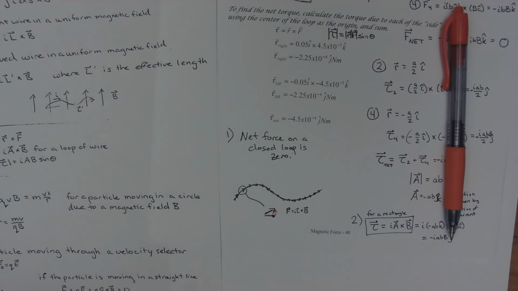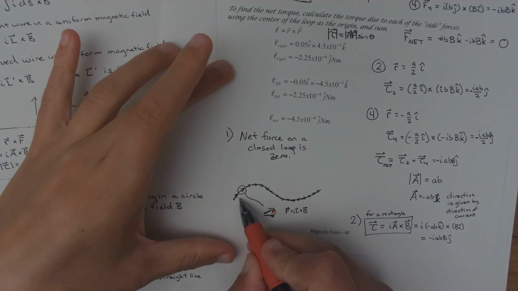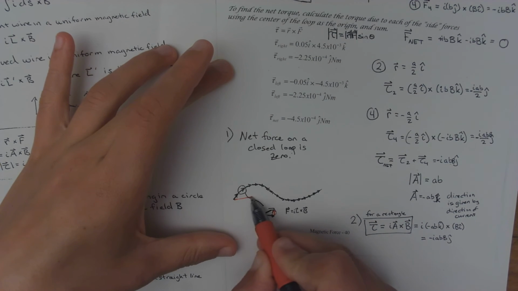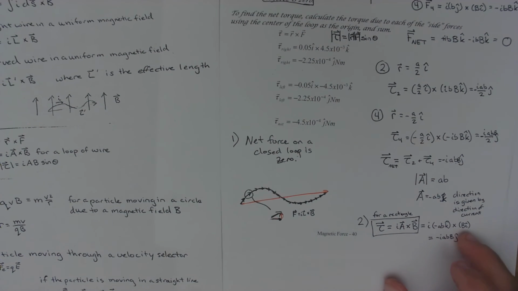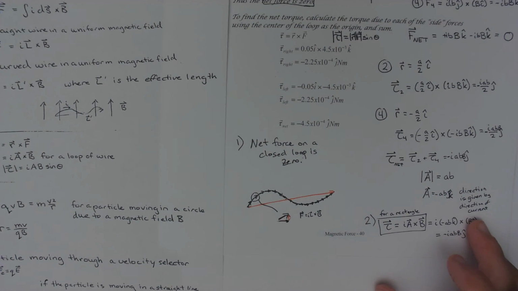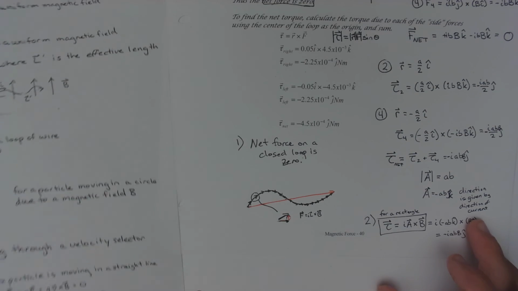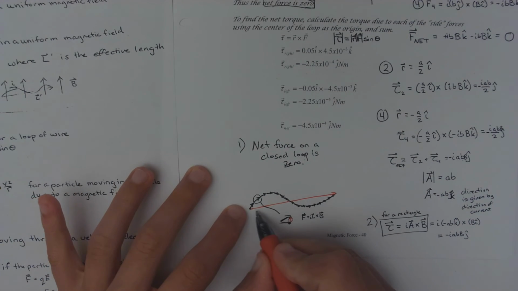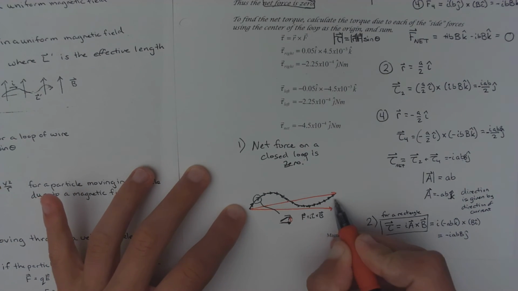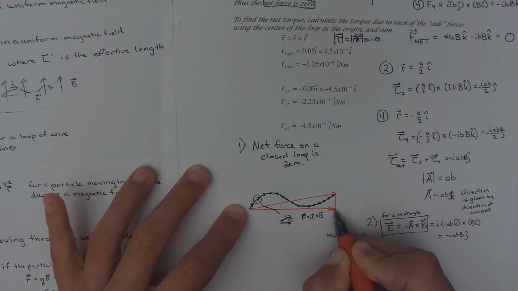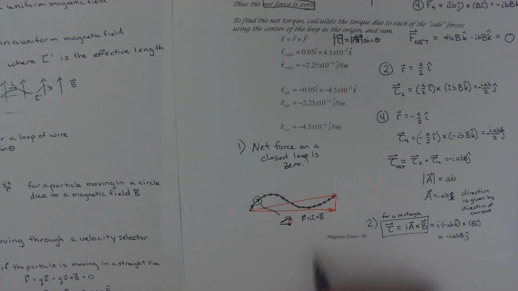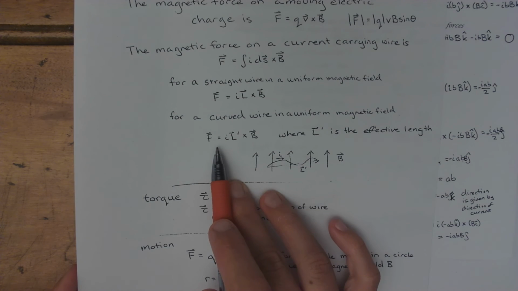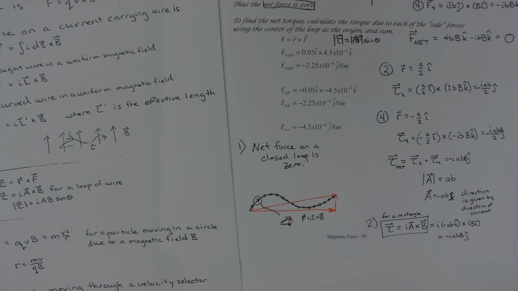If I draw my effective length vector from here to here, it's only the horizontal component which is going to give you something. So even after I break it up like this, it's really just this which is going to give me my force, because this component is going to be 0.